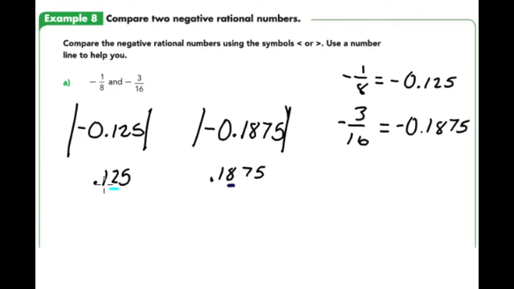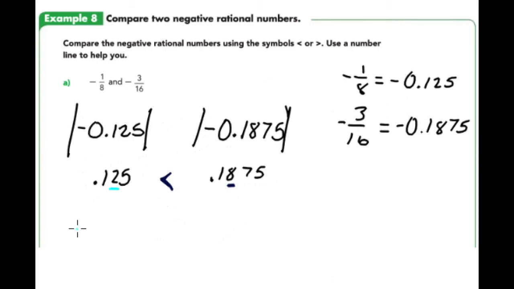So if I were to compare these, I would say that the 125 thousandths is less than that number. But because we are comparing opposites of this, everything is going to get flipped.